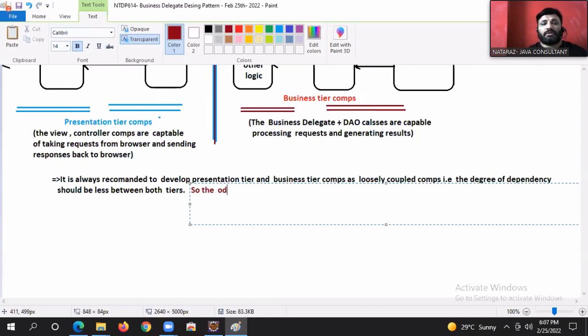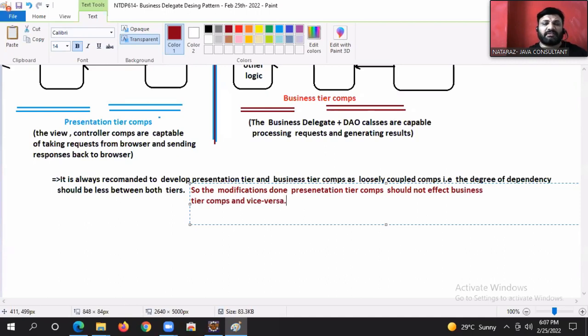So the modifications done in presentation tier components should not affect business tier components and vice versa.